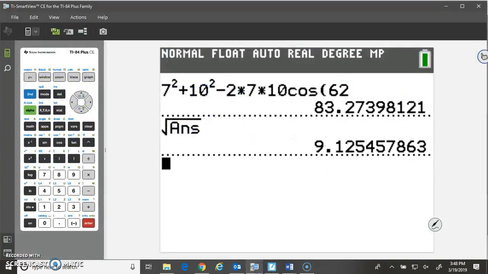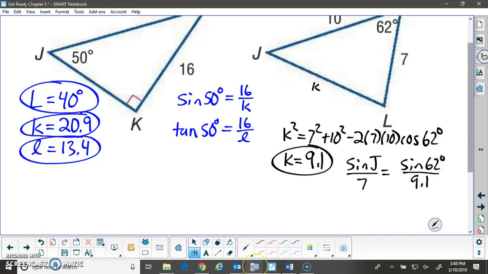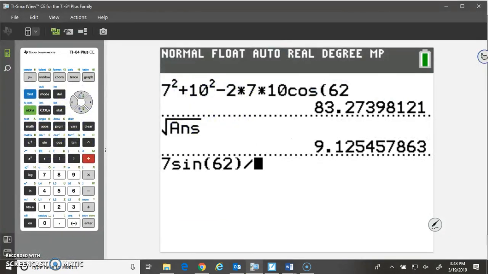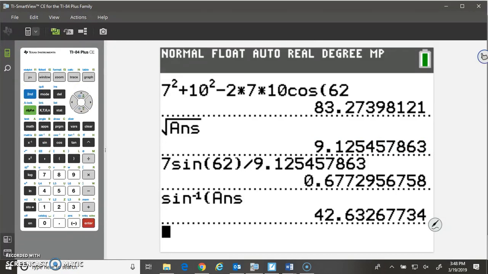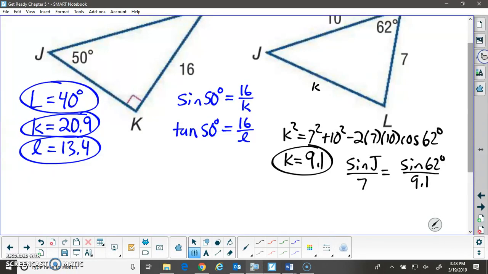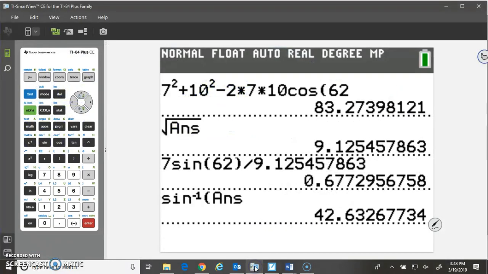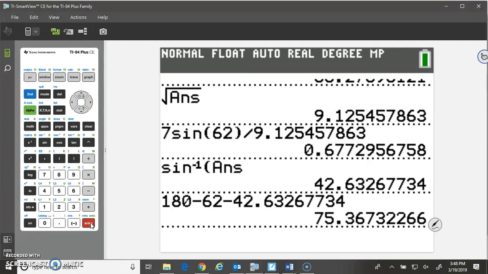So 7 times the sine of 62 divided by the 9.1, and then we do sine inverse of that, and we get 42.6 degrees. That's angle J. And then angle L, if we try to find that, would be 180 minus the 62 minus that, would give us an angle of 75.4.